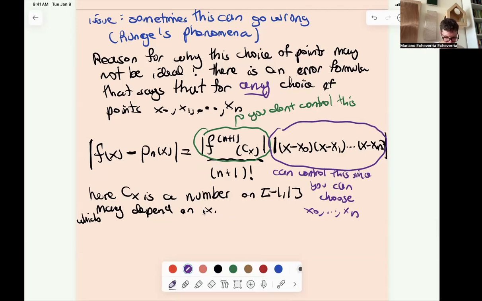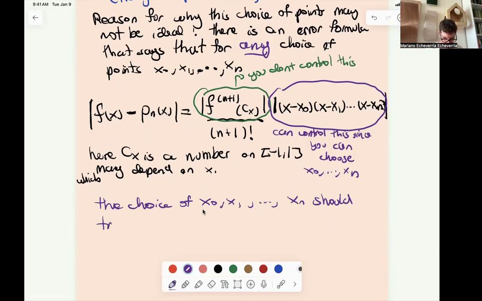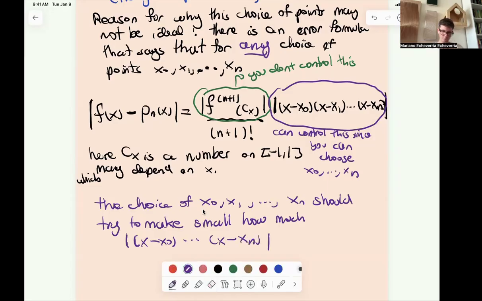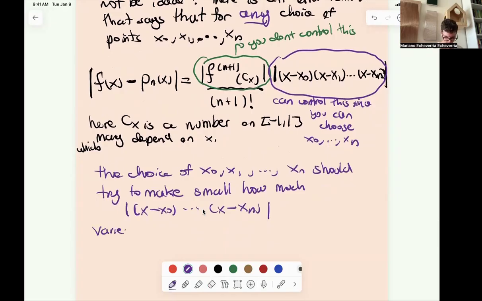The choice of x0, x1 through xn should try to make small, in some sense, and I'm not trying to make this too precise, the fluctuations, how much it varies on the interval -1, 1.